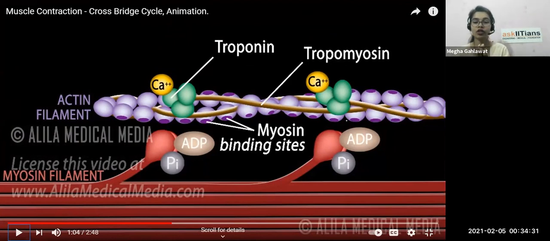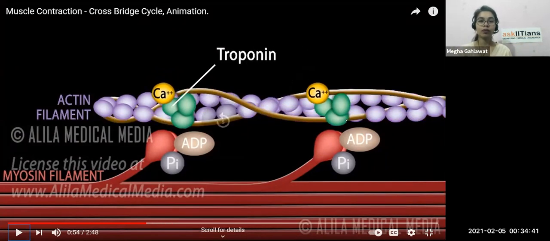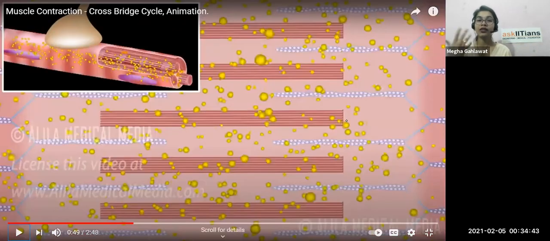Whenever calcium is released, the troponin and tropomyosin act, resulting in the movement of the muscle fibers. Okay, so I'm going to back it up a bit, and then we are going to study it again for better understanding. Now that you know what troponin and tropomyosin are, pay attention, please.